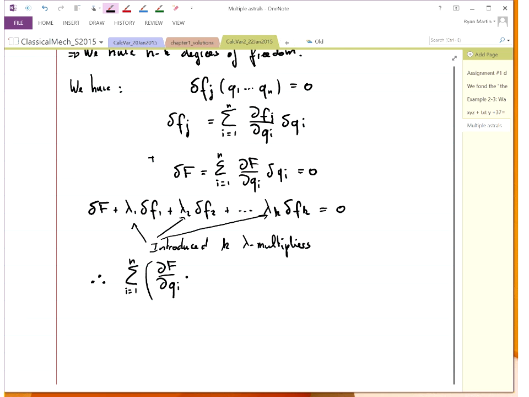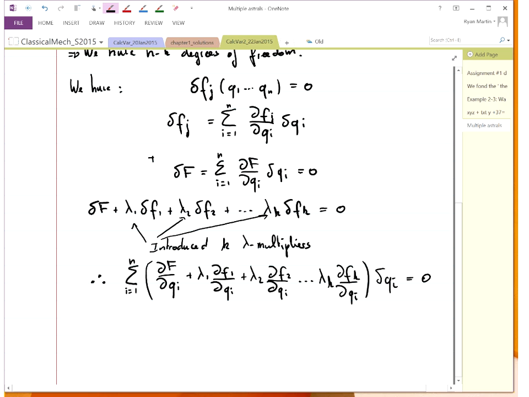So this linear combination I can write as a sum from i equals 1 to n of ∂F/∂qi plus lambda 1 ∂f1/∂qi plus lambda 2 ∂f2/∂qi all the way to lambda k ∂fk/∂qi. And that all multiplies delta qi, and the whole sum is equal to 0. Okay? Everything okay so far?